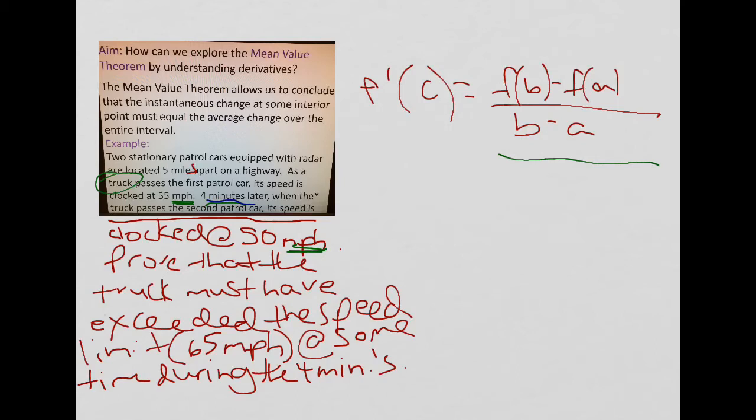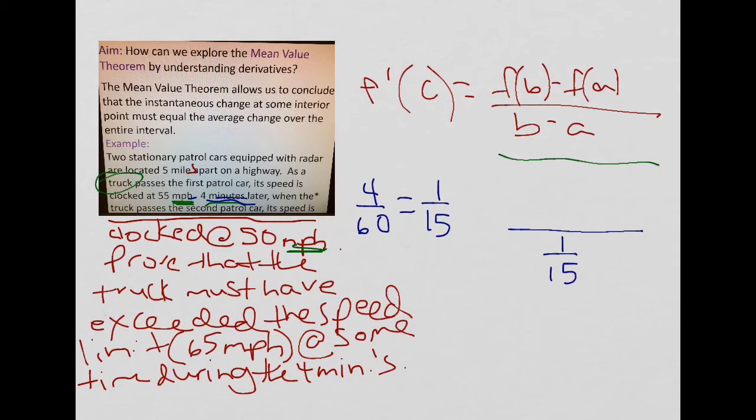Since our rate is in hours and the time is in minutes, we have to change one or the other. What I would do is change the minutes: 4 minutes out of the whole hour, which is 60 minutes, comes out to be 1 out of 15. So that is the change in the time.